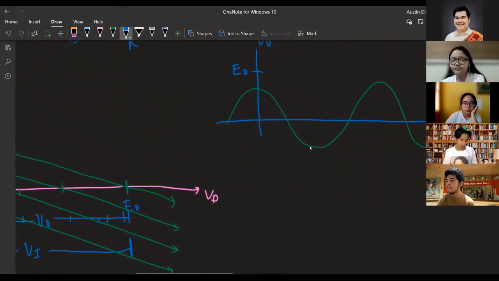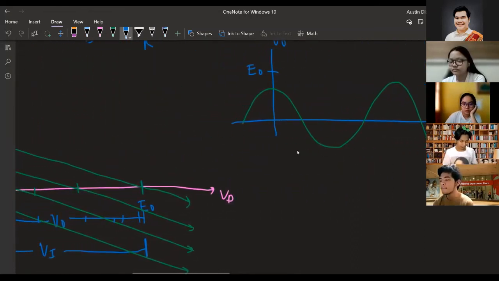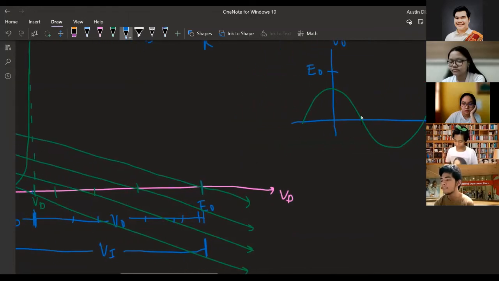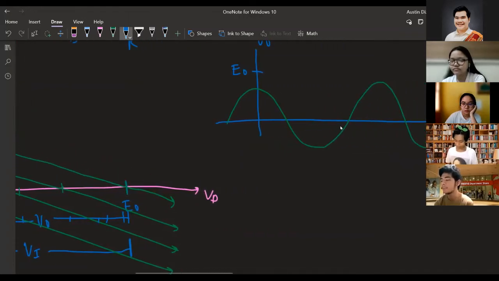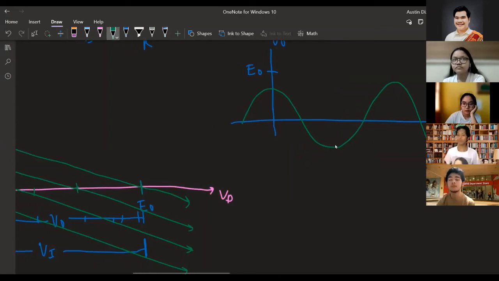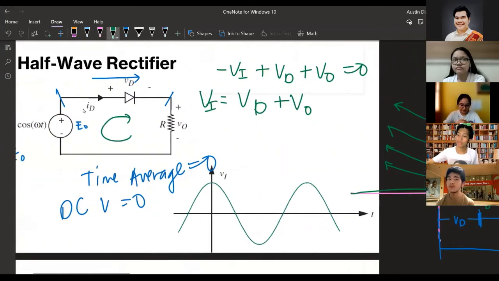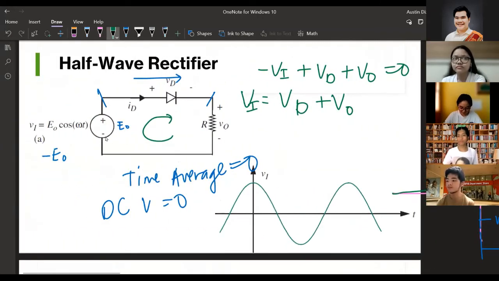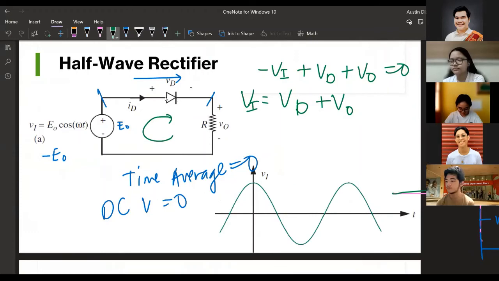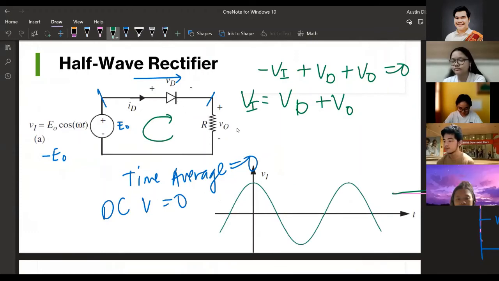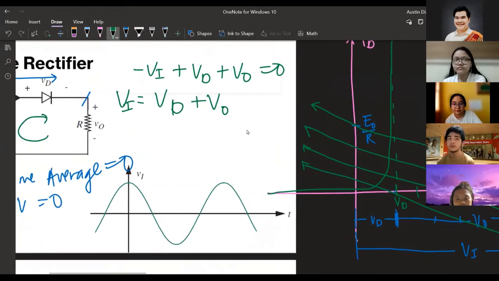And then, at these points, ang gagawin ng diode, dahil yung voltage mo nasa baba na, di ba, naka-flip na yung voltage, therefore wala nang current na magpa-pass through dito. Anong mararamdaman na voltage dito pag nag-open circuit na siya?